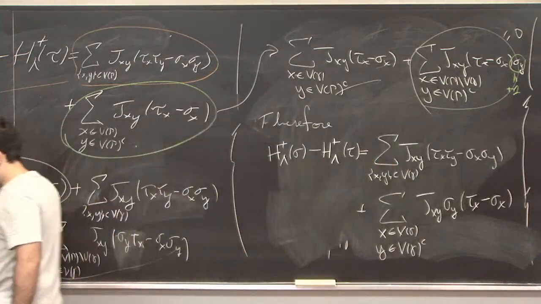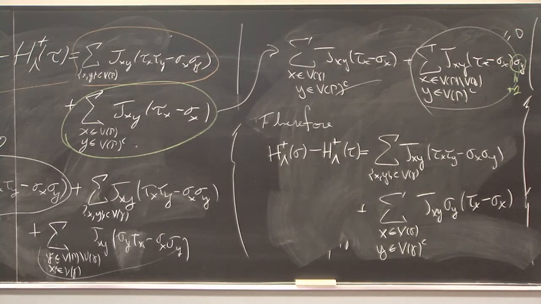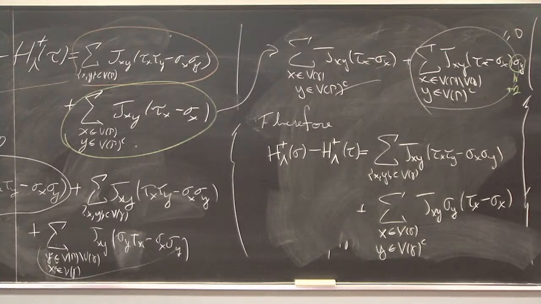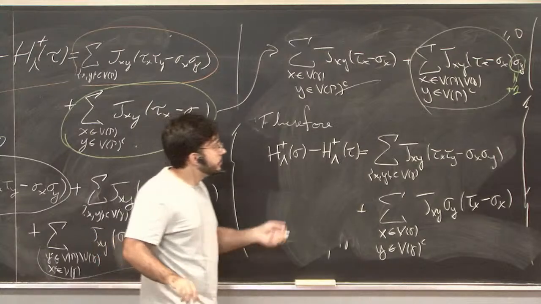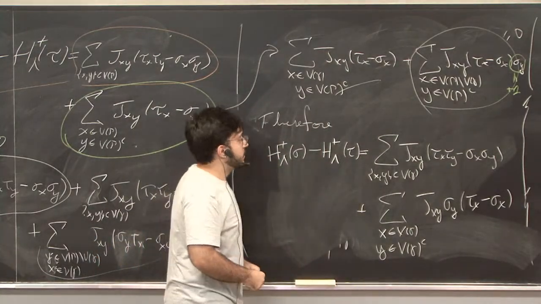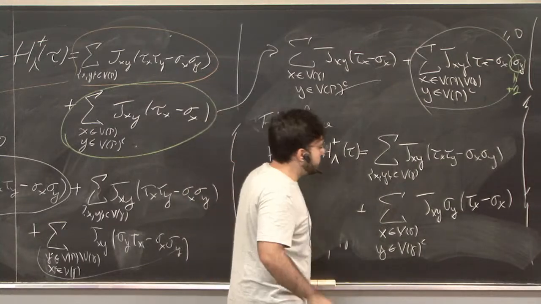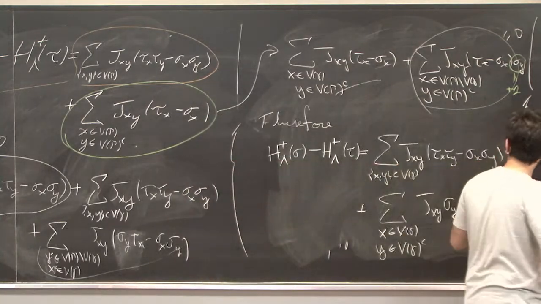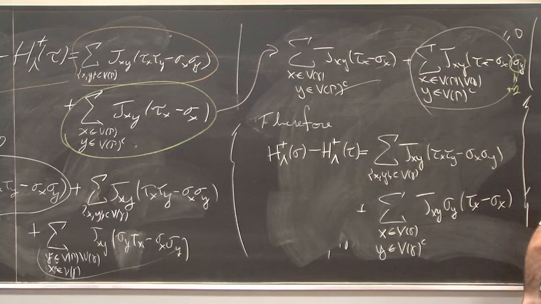So this is another interesting thing, that when I erase specifically one plus contour from the configuration, the difference between the energies is something that only depends on the volume of the contour that I erased.